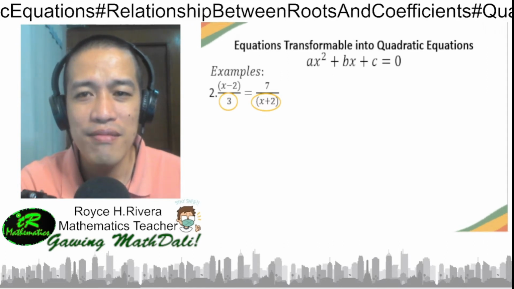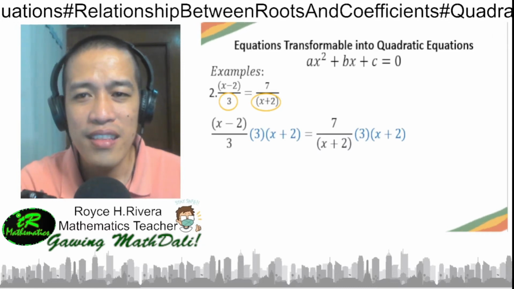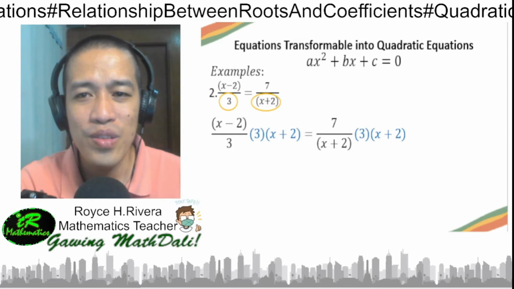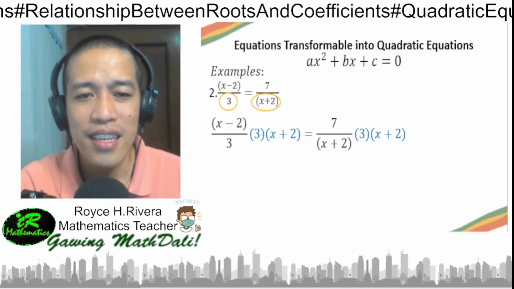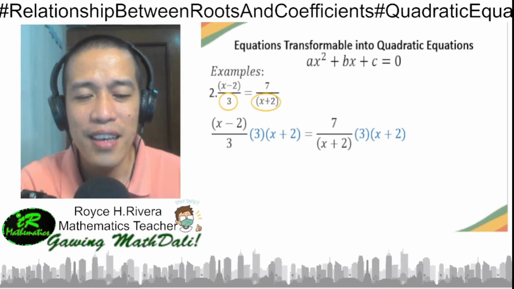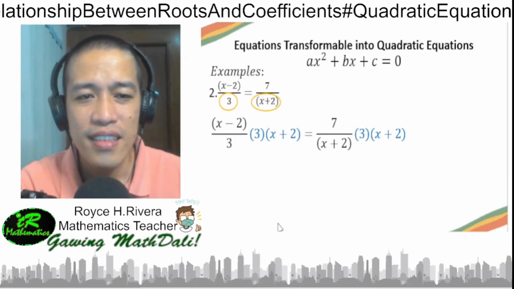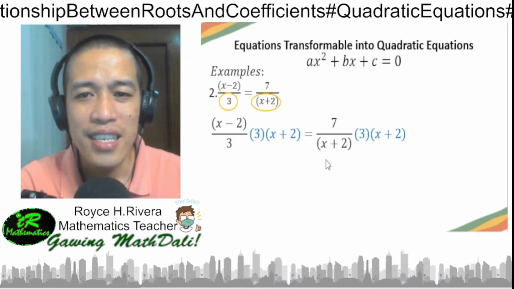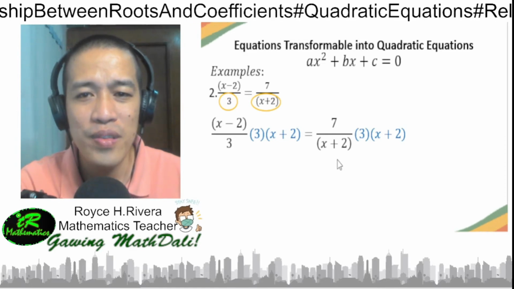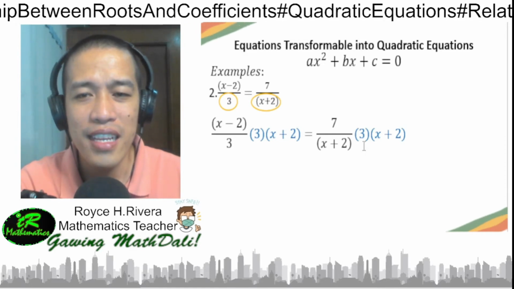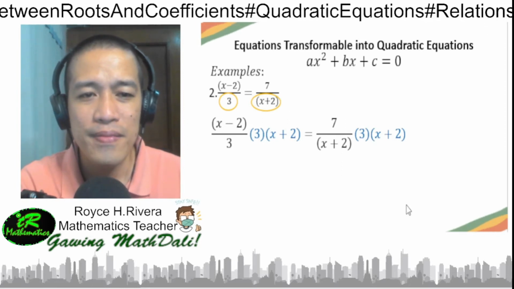So we will have the equation x minus 2 all over 3 times 3 times the quantity x plus 2. That is equal to 7 over x plus 2 times 3 times the quantity x plus 2.